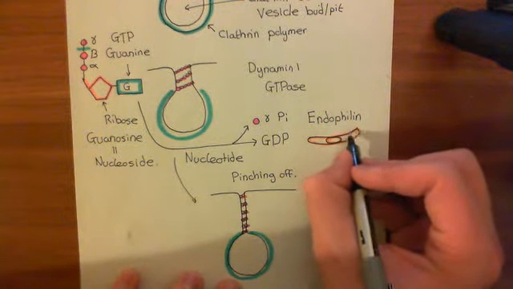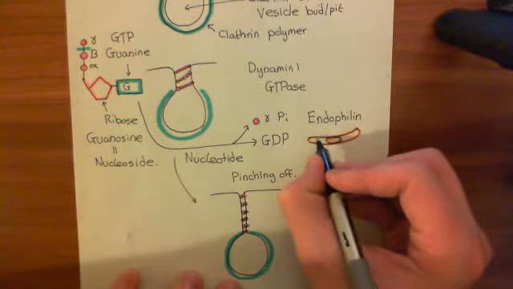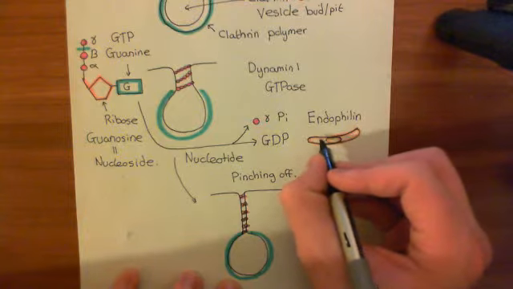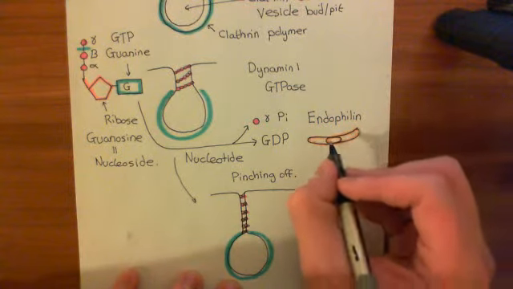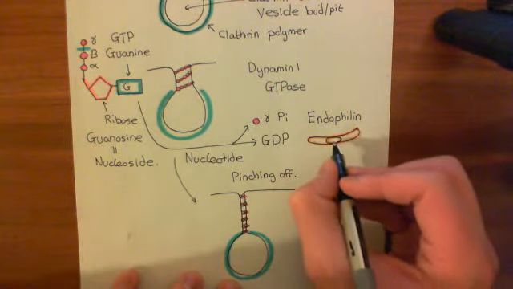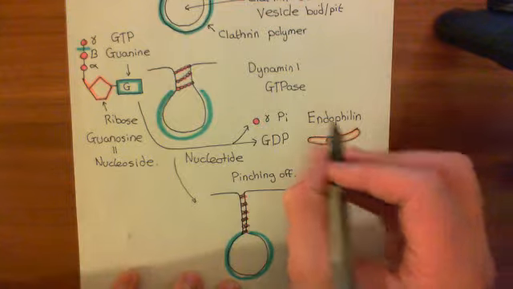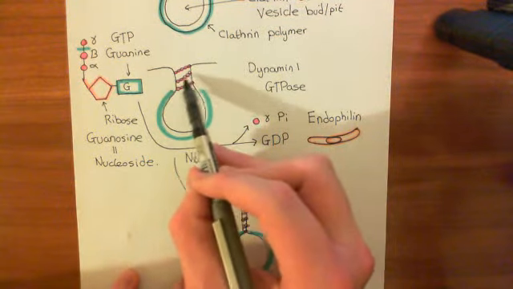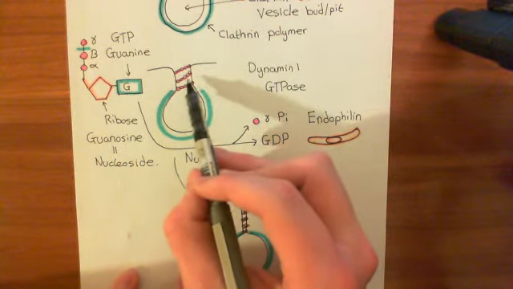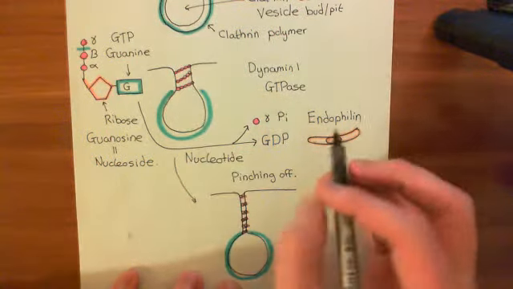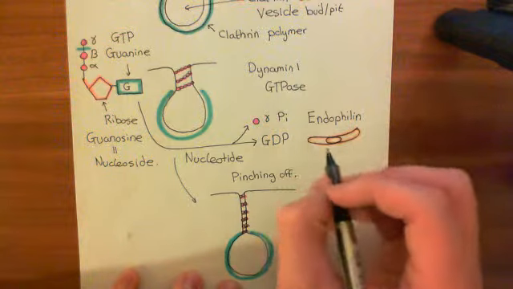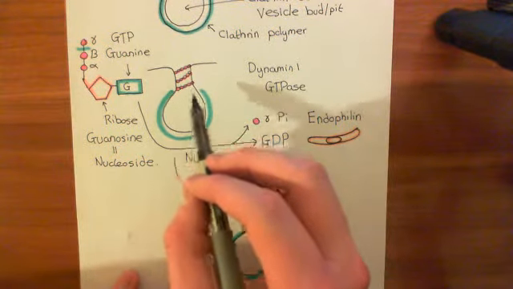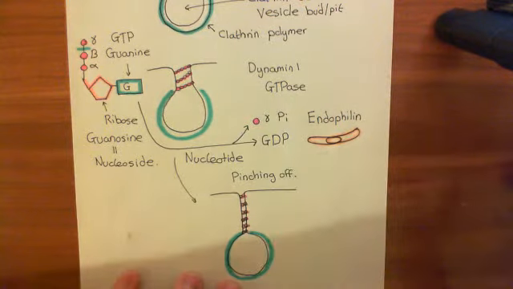On the concave side there is a lot of positive charge. So what we think endophilin does is that it also wraps around the neck of the clathrin-coated vesicle bud and forms rings of endophilin, which also helps in the pinching off of this clathrin-coated vesicle bud.